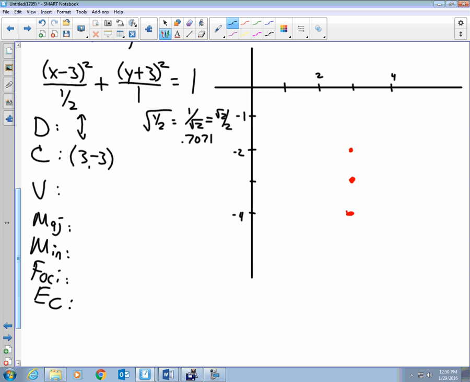So 0.7071 is less than 1. It's about 3/4.